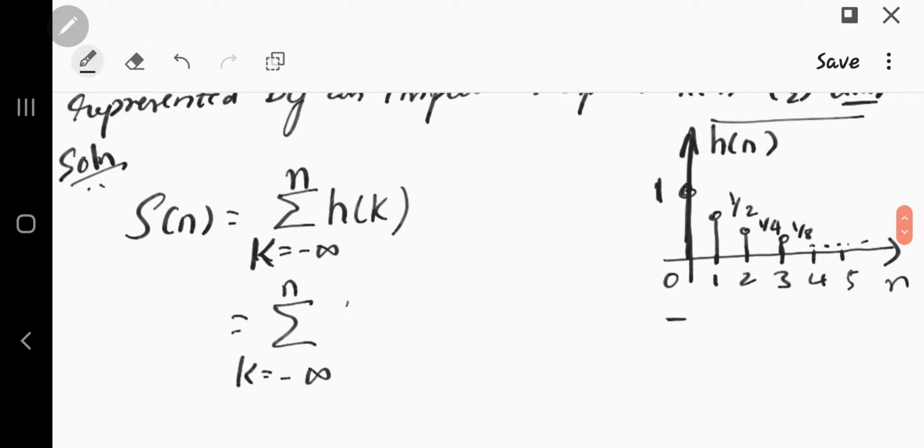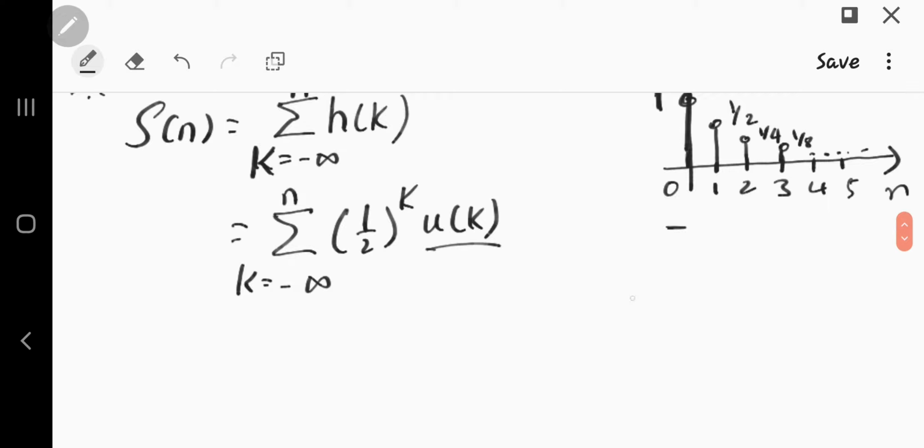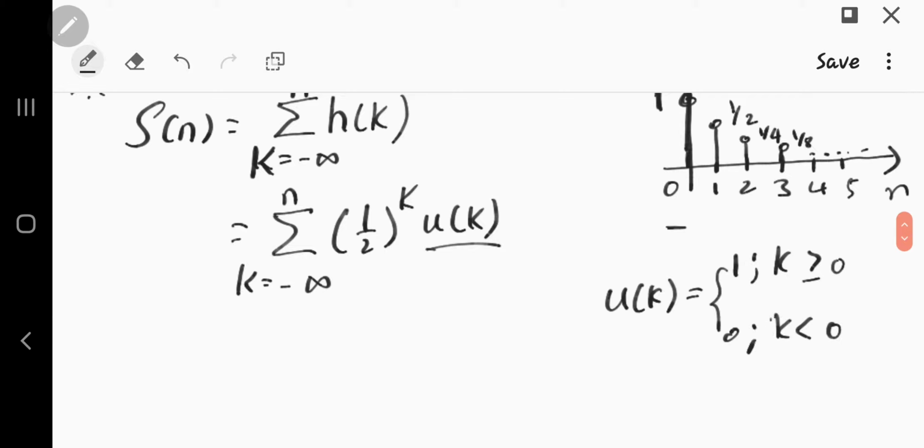What is h of k? So h of k is 1 by 2 to the power of k into u of k. So based on this, we have u of k here. So u of k is 1 for k greater than or equal to 0, and it is 0 for k less than 0. So that means it is present only for values of k which are greater than or equal to 0. Now coming to this, we have to express in terms of s of n.